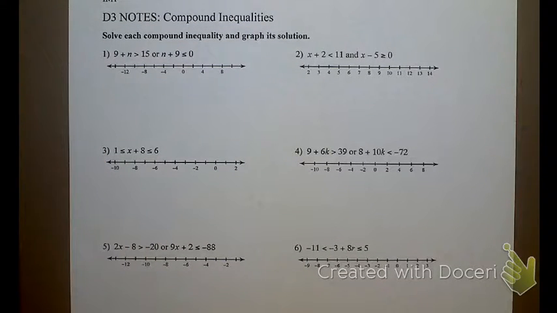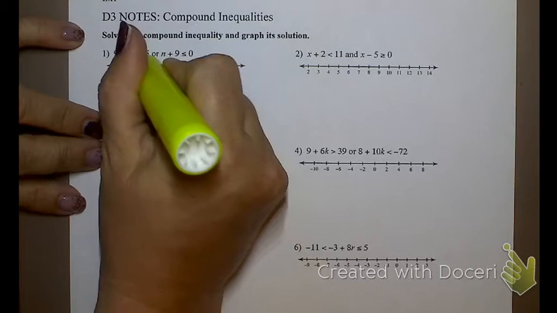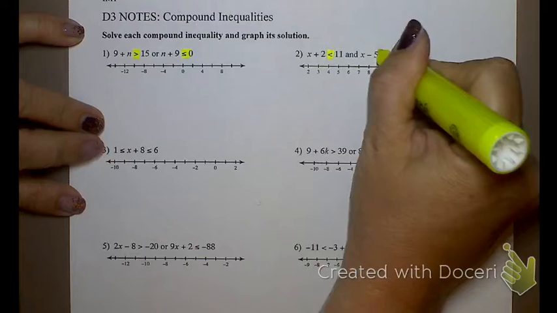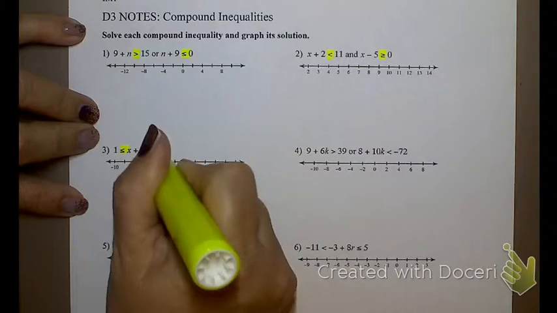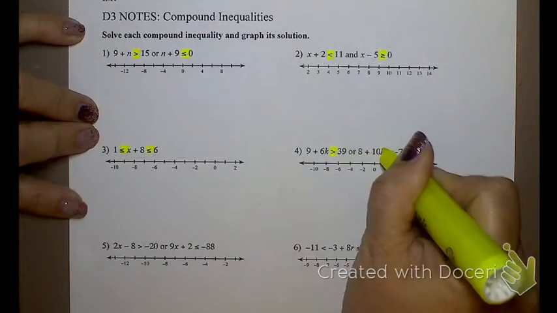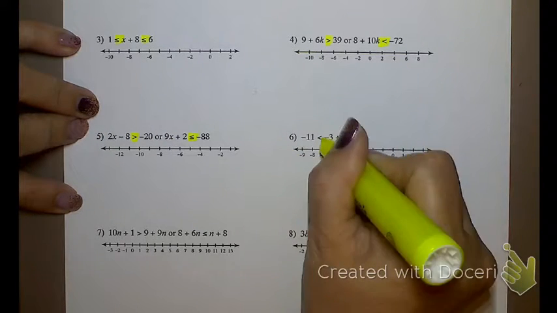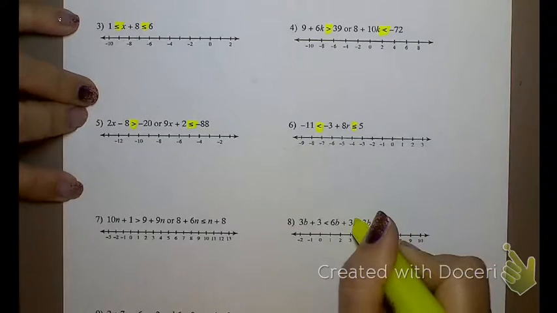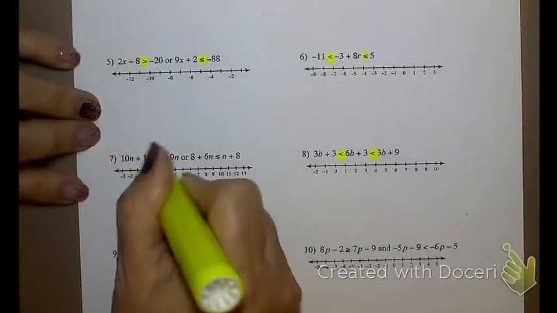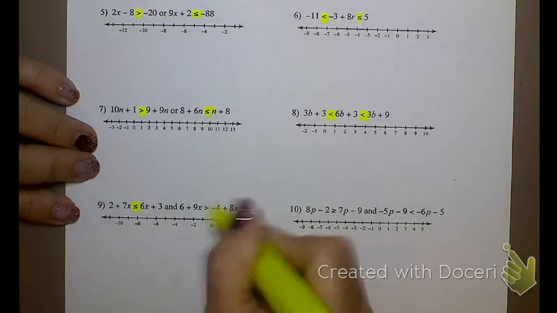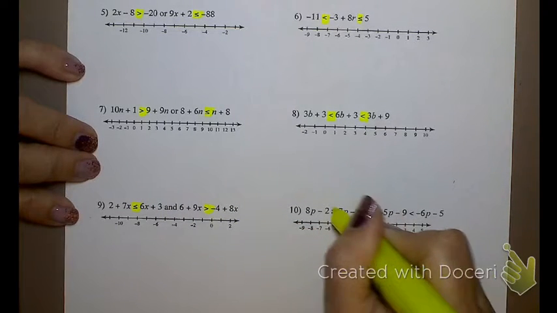So how can I tell that these are compound inequalities? Well, in each one of them, you will see two inequality signs. You see that? In each one. Now, some of these problems have a word written in them.